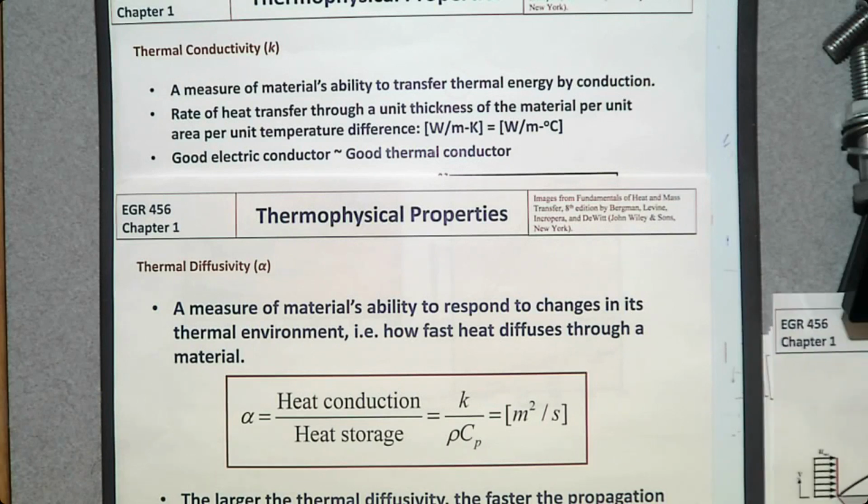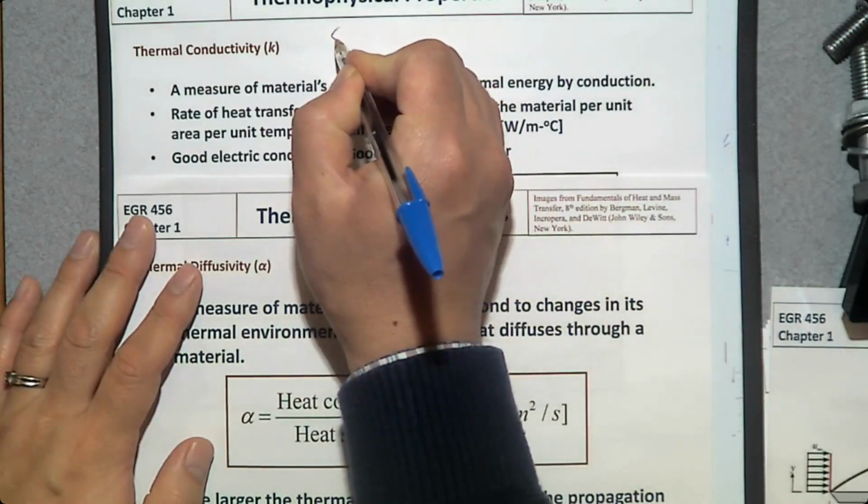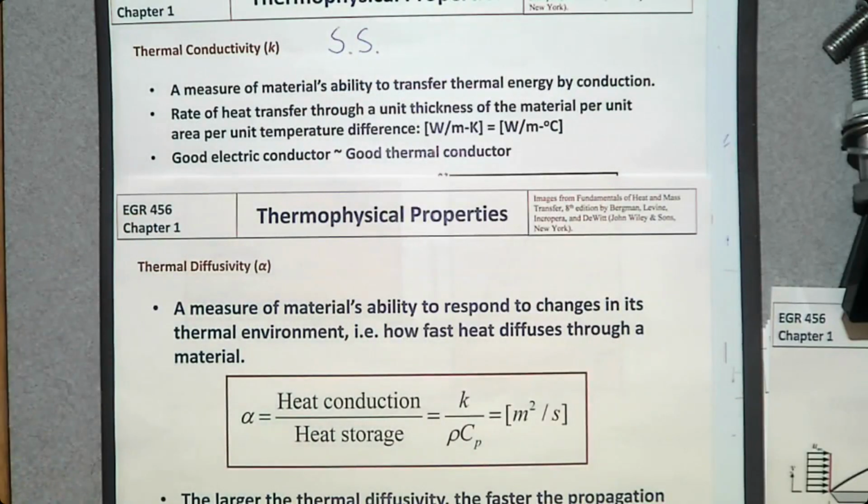One simple way to understand the difference between these two is, when do we use thermal conductivity and when do we use thermal diffusivity? The simple answer is, we use thermal conductivity in steady state heat transfer problems.